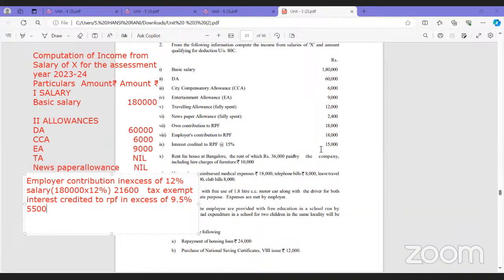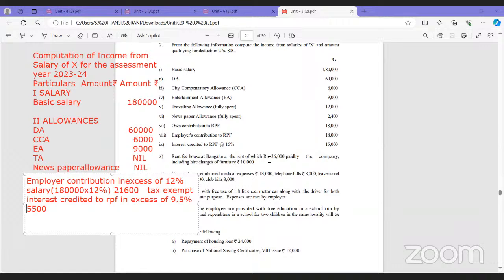So what is the excess? Difference you have to find out. 15,000 minus 9,500 comes to 5,500. So the excess is 5,500. This is taxable. Did you understand? Should I explain it again? Understood, ma'am. Okay.